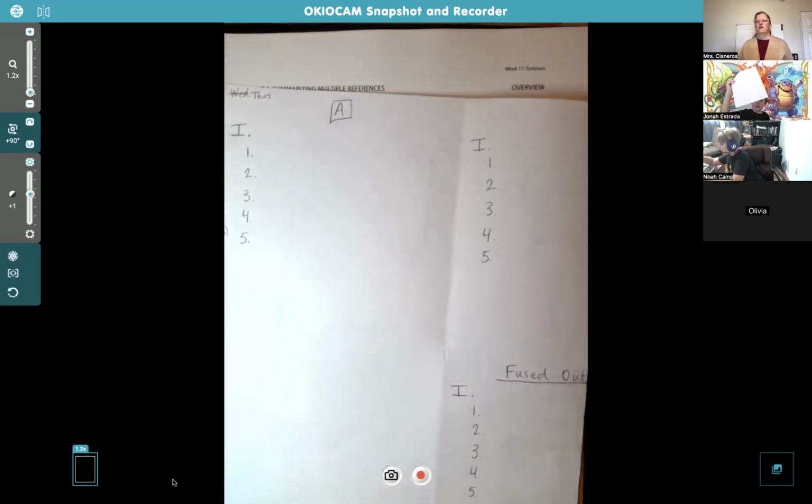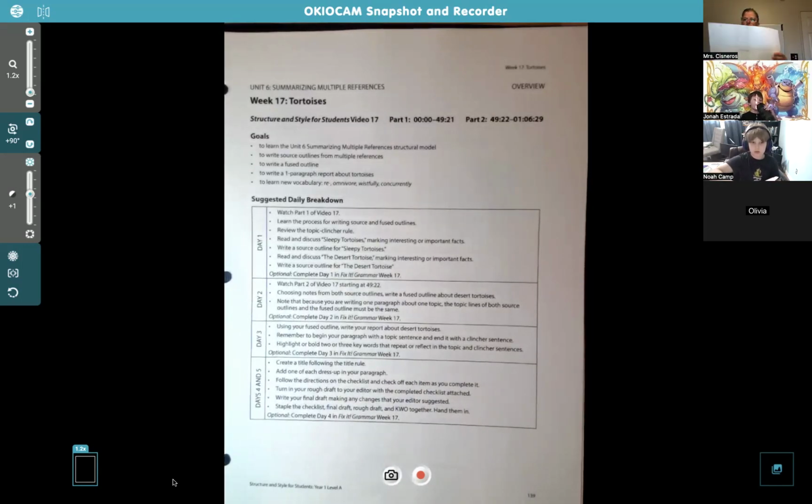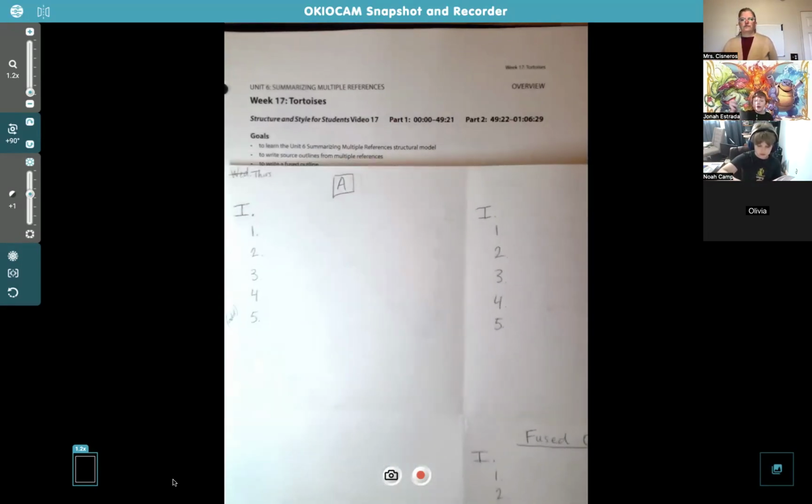Okay, good. Yeah, it should be in your front pocket. It's a big one. Remember this big one? We opened it up. It's like this, really big. We folded it in half, so we made 6 squares on it.